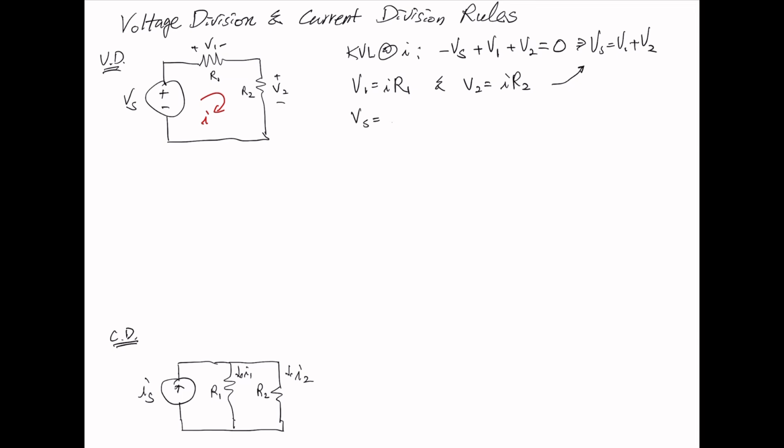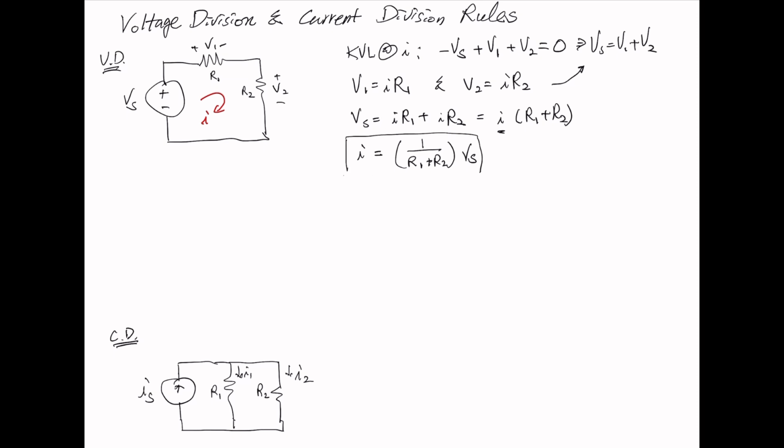Then we have Vs equals I R1 plus I R2, and we can factor out I. Now we have R1 plus R2. And from here, we just want to solve for I. Then I equals 1 over R1 plus R2, this whole thing times Vs.